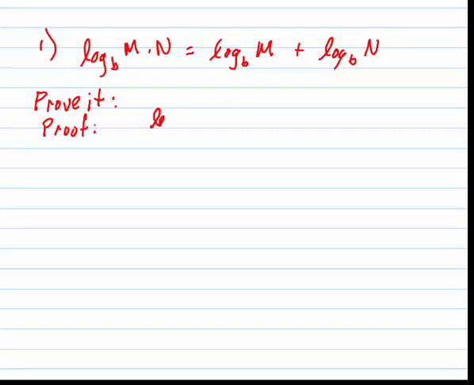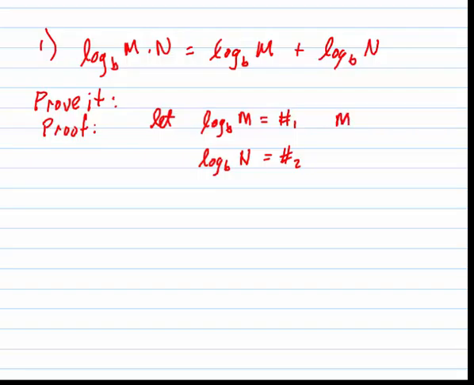Okay, so let's let log base b of m be equal to some number, say number 1, and also let log base b of n be equal to some number 2, right? So what does this mean?